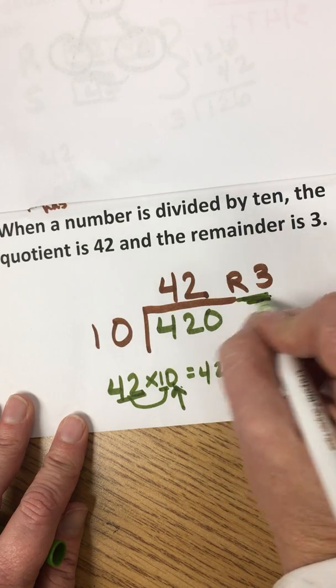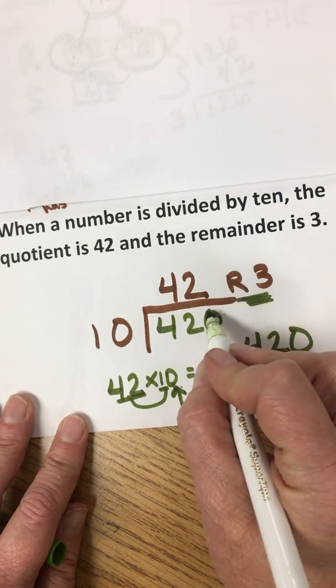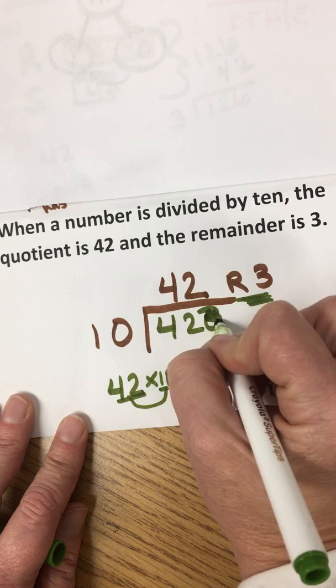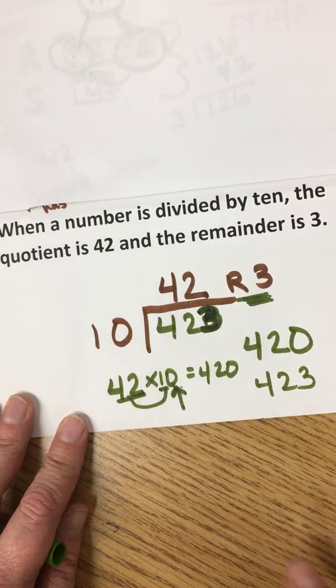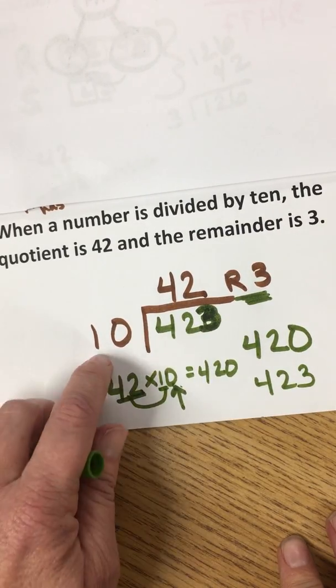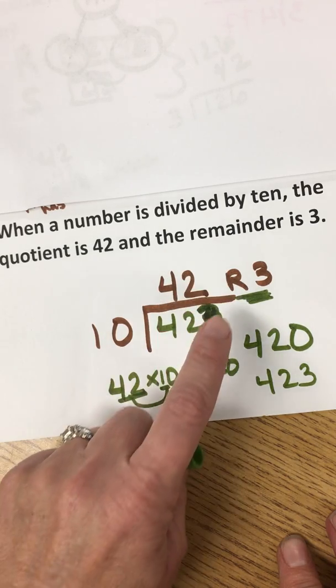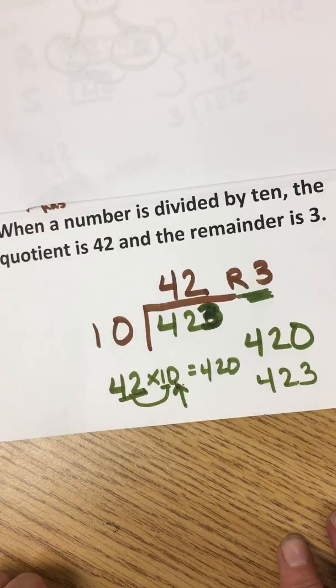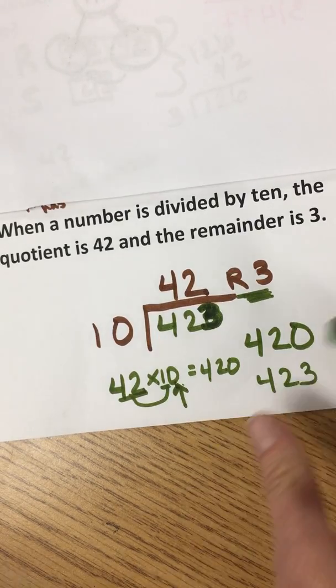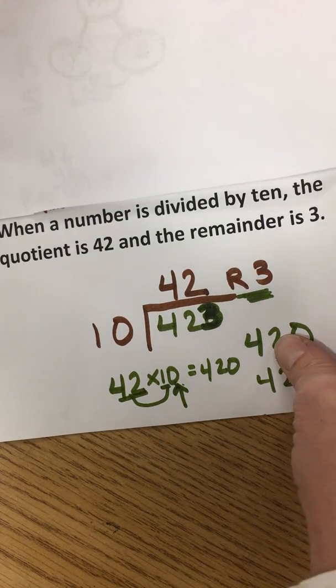But then, of course, I have that remainder. So I have to remember that there would be an extra 3 in here. 423 divided by 10 would give me 42 with 3 left over. Okay, I hope that part makes sense. That's how our zero math trick comes into play.